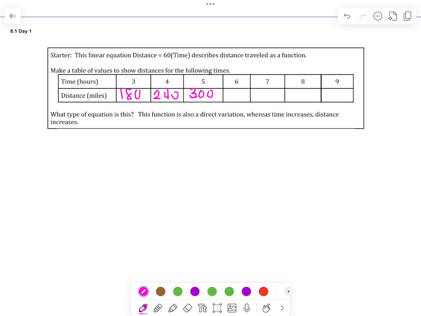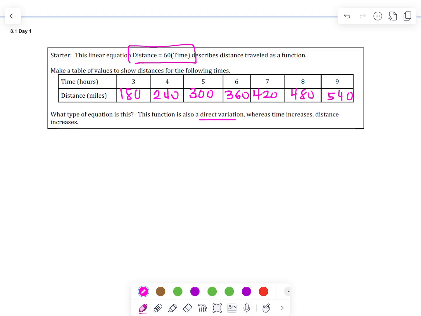So again, we're just multiplying the time times 60, and then we continue this. We get 360 miles, 420 miles, 480 miles, and then 540 miles. This is a direct variation equation.